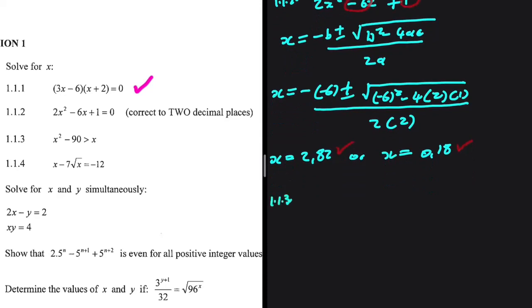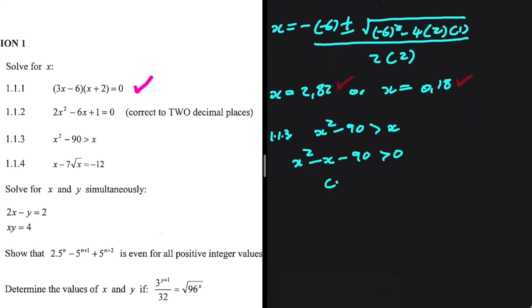1.1.3. So in 1.1.3, we have x squared minus 90 being greater than x. Let's take x to the left hand side. We're going to have x squared minus x minus 90 being greater than 0. At this point, what you want to do is to find your critical values. How do we do that? We let x squared minus x minus 90 equal 0.